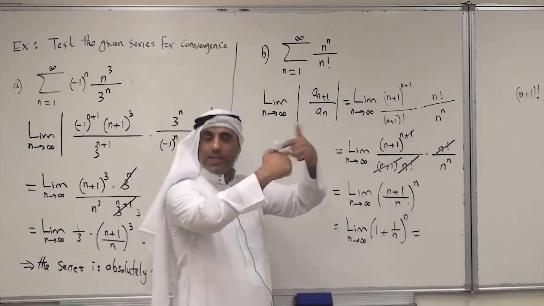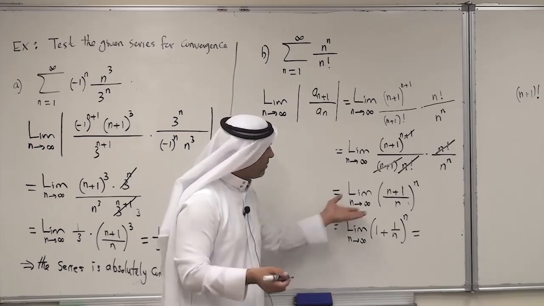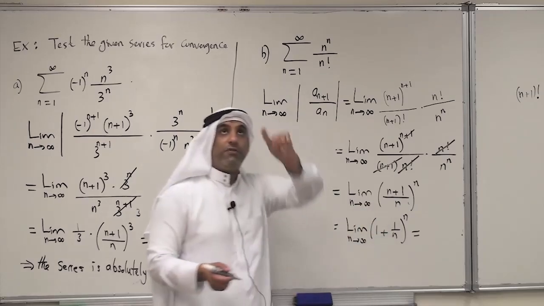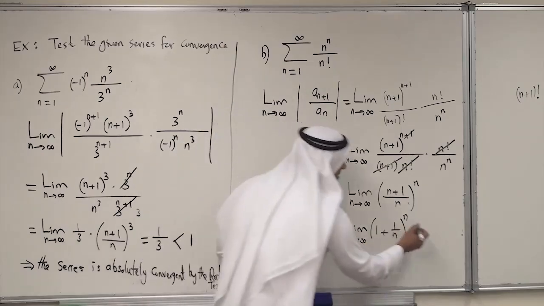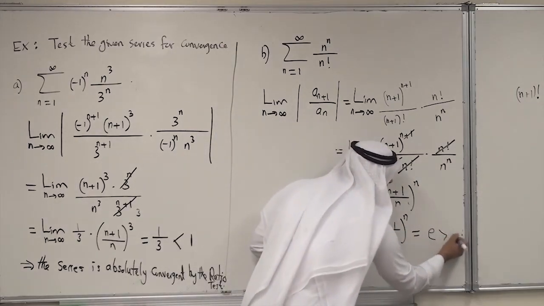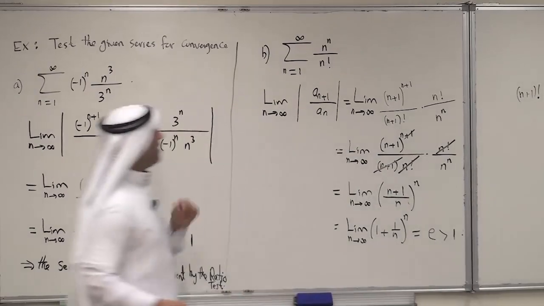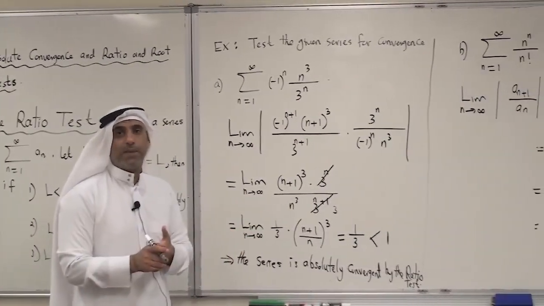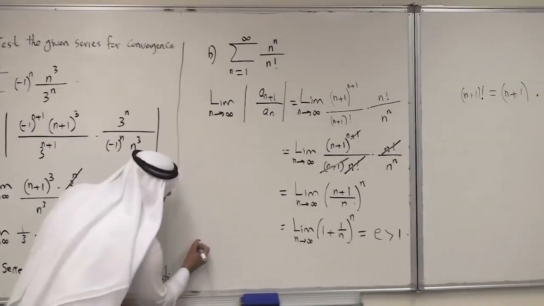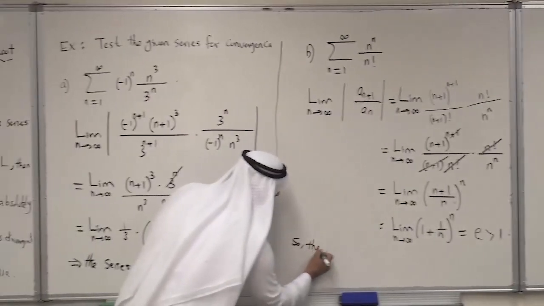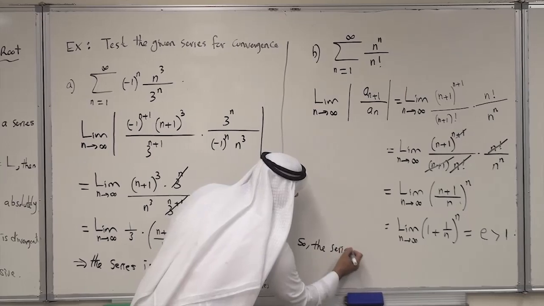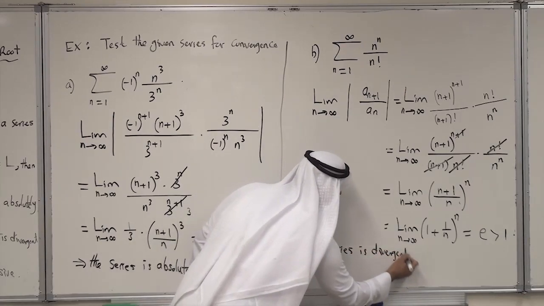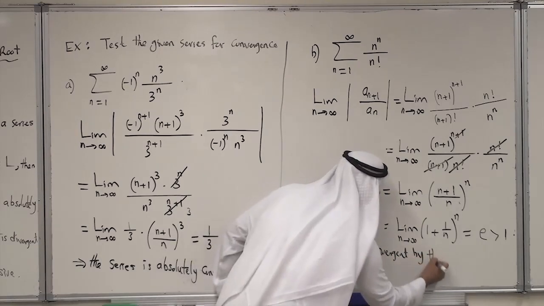So you need to use the technique we did in calculus 1 to find the answer, or you should remember that this is the basic definition of e as a limit, and it is just e. And you know that e is greater than 1. Since it is greater than 1, what can you say about the series? The series for sure is divergent by the ratio test.